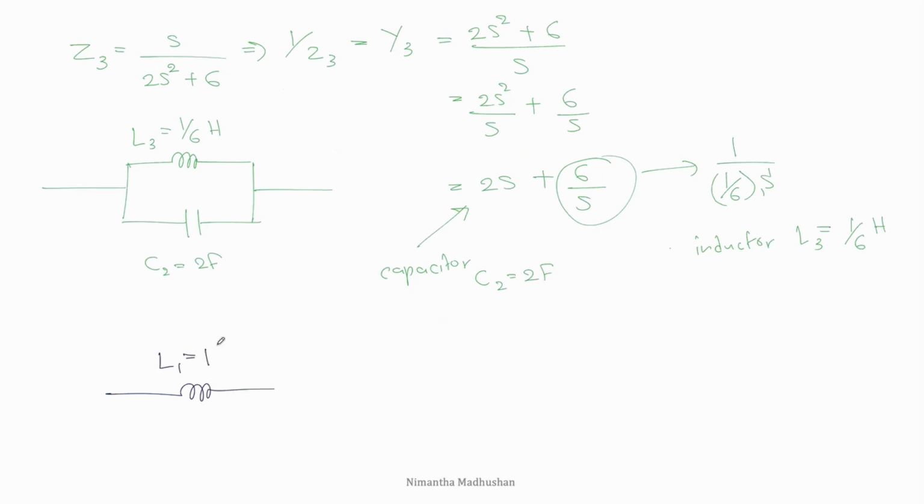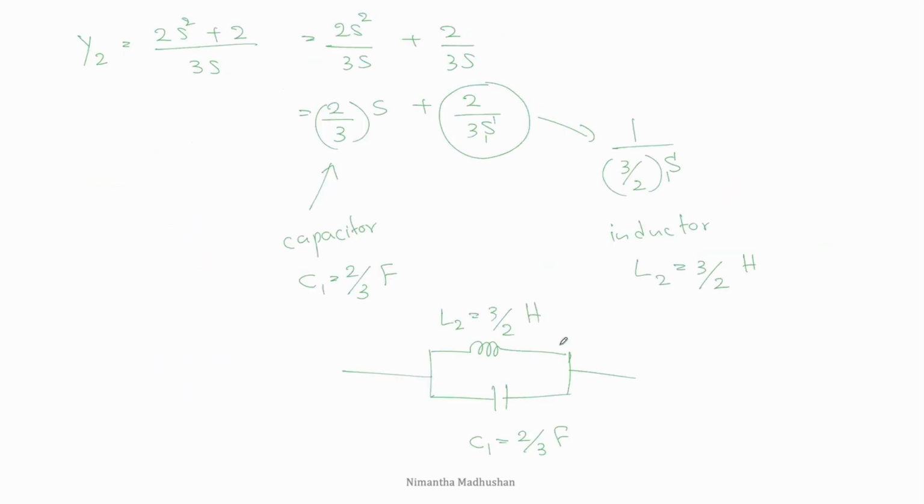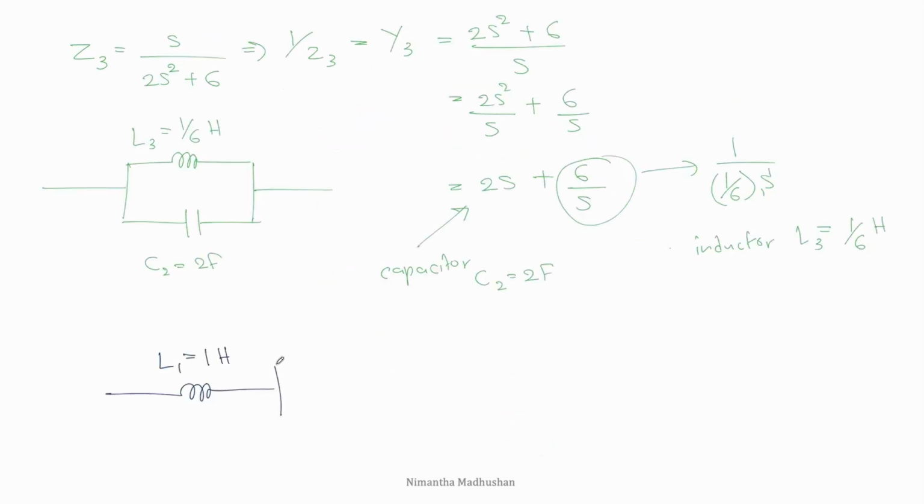L1 is a 1 Henry inductor, and the second elements are L2 and C1. L2 is equal to 3 over 2 Henry inductor, and C1 is equal to 2 over 3 farad capacitor, and Z3, this is the representation.